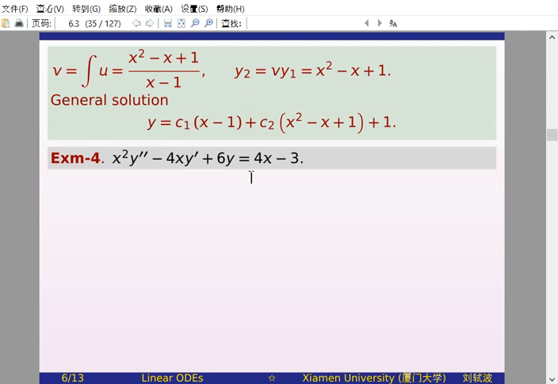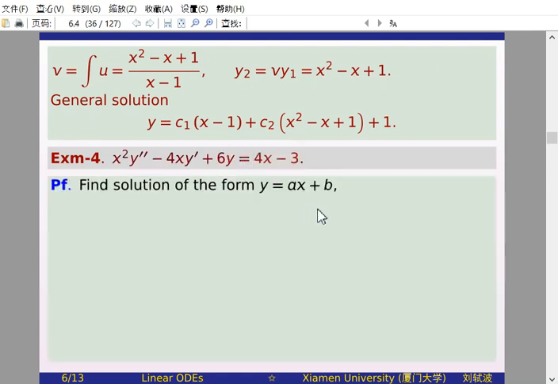The right hand side is a first order polynomial. Therefore, we also consider the solution to be a first order polynomial. We want to see whether we can find suitable a and b so that such a function ax plus b is a solution of our equation.